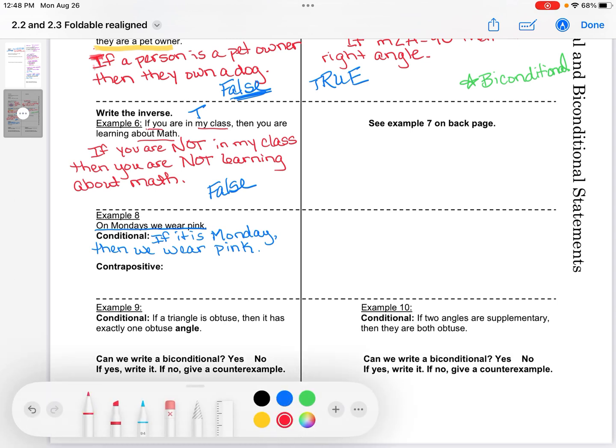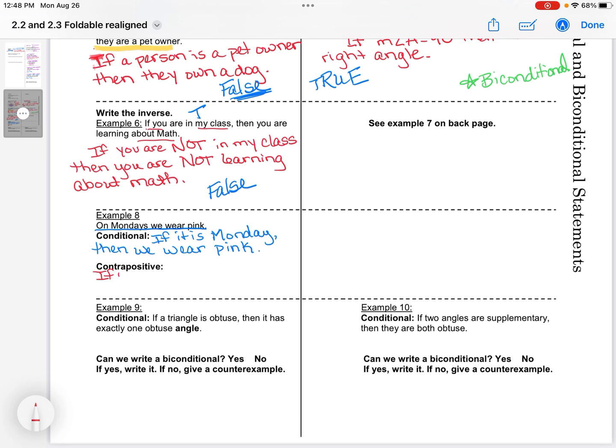So my contrapositive would be if we are not wearing pink, then it is not Monday, which is probably true. That's probably a pretty good one. Because if we're not wearing pink, it's not Monday. Because if it is Monday, then we're wearing pink. So we could talk about it as the inverse and the converse, but I think we'll just leave it at that for now.